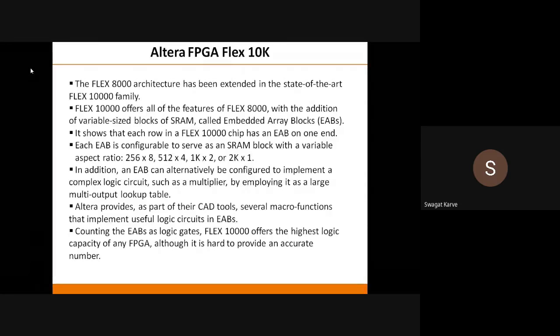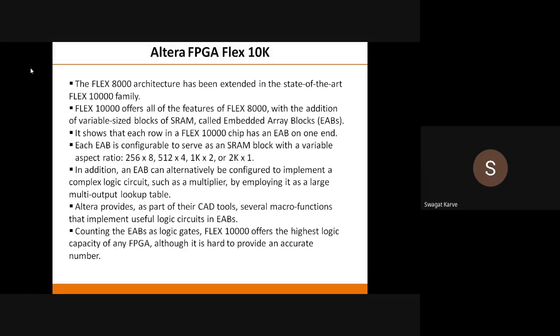This 10K Flex architecture is just a modification to the 8K architecture, that is the basic FPGA manufactured by Altera. Flex 10K offers all the features of Flex 8K with the addition of a variable sized block of SRAM called embedded array block, that is EAB.